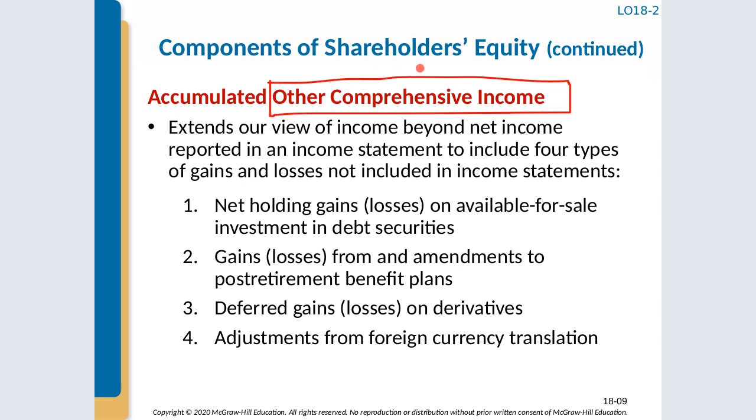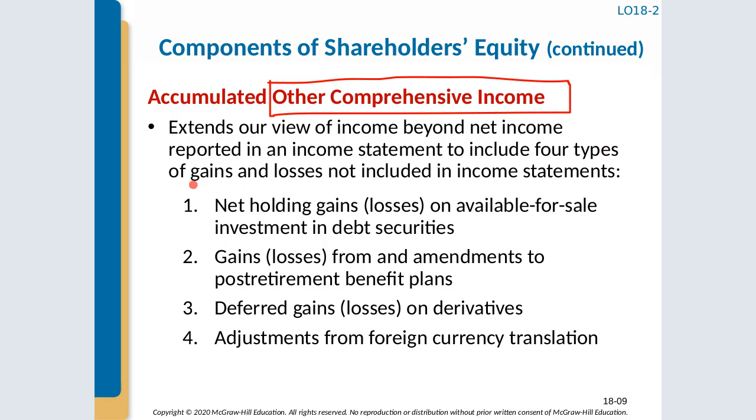And then we added or subtracted these gains and losses that skipped the income statement. They were not reported on the income statement. They are reported on this special statement because the reasoning behind that is that these gains and losses fluctuate. They may distort the actual net income of the company, and therefore we're going to report them in this comprehensive income statement.